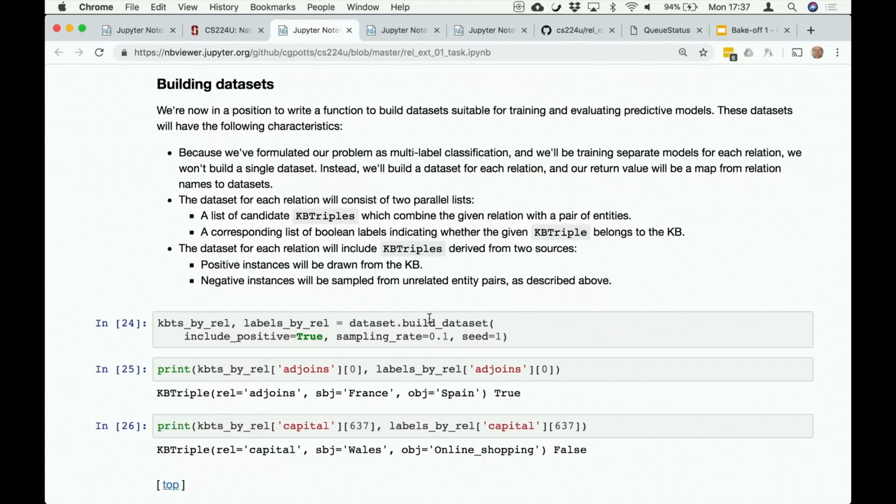There's a parameter that lets you control the sampling rate. The default sampling rate is 0.1 because we have about 10 times as much negative data as we do positive data. So using this sampling rate will give you a roughly balanced data set. And it also lets you specify a random seed so that you can have reproducible results if you want.